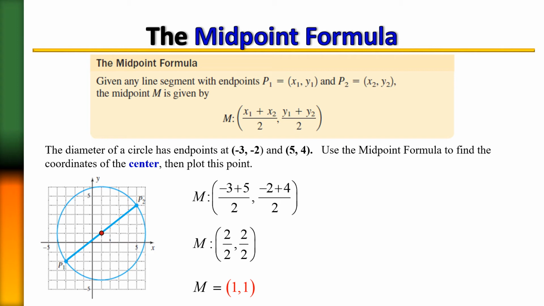You can always find the center of any line as long as you know the 2 endpoints. So just add your x's, add your y's, divide by 2, and it will give you the location of where the center or the middle of that line is, which is called the midpoint, using the midpoint formula.